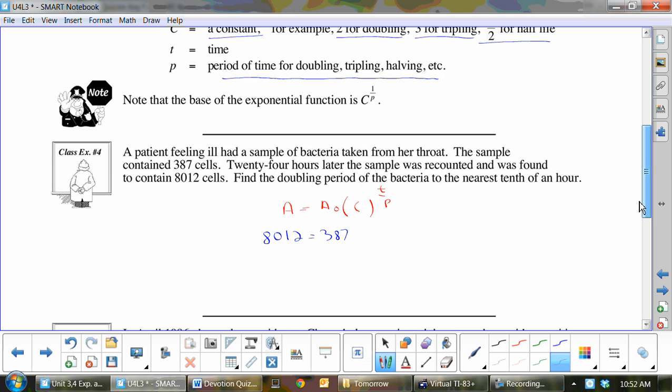So would this be a decay or growth function? Growth, right? So this is important. If this is a fraction, we must be going down. If it's a number greater than 1, we must be going up. Okay, what number would be in there? Just find the doubling period, the 2. Now, what is my unknown? T. T over 24. Because in 24 hours it did double.